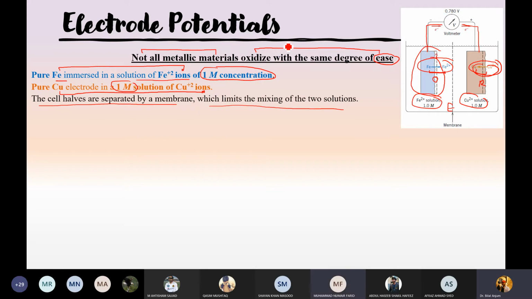Sir, it is cell potential. It is basically the tendency of certain metals to get oxidized as compared to the other metal.